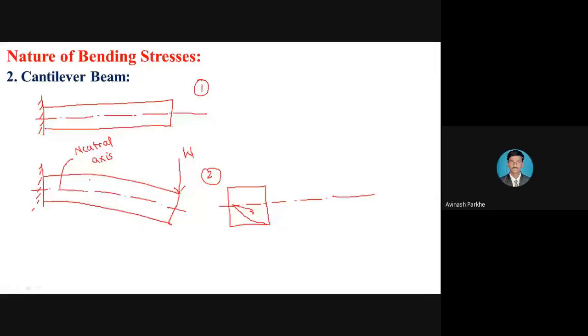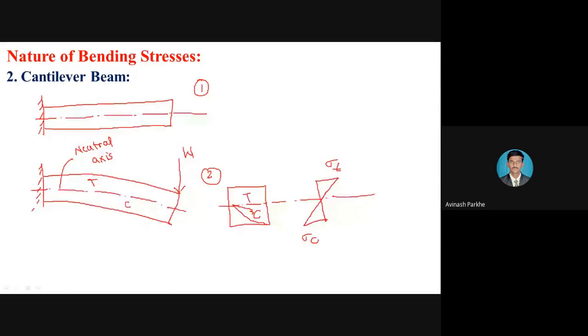Tension. If upper portion is subjected to the tension, the bottom portion of the neutral axis is under the compression. Therefore, here it is capital T at the upper, capital C at the downside, and the stress distribution, once again, it is same. Again, this is sigma T, this is sigma C.